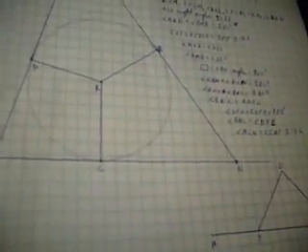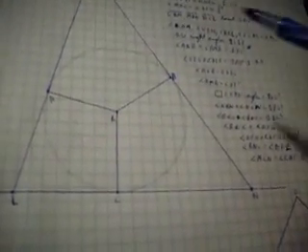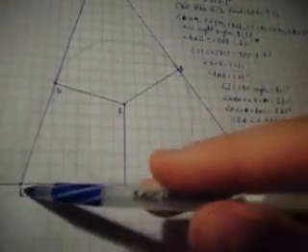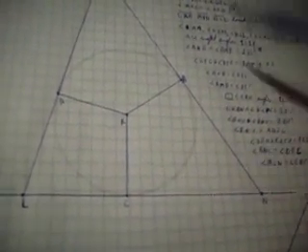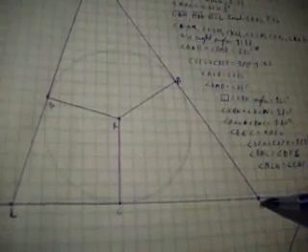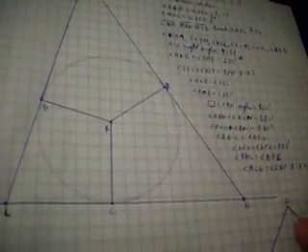Alright. When you've done this, you're going to draw 3 tangent lines. The first one is going to be called LAM. The next one is going to be called MBN. And the third one is going to be called NCL. And they touch circle ABC because of Euclid Book 3, proposition number 16.